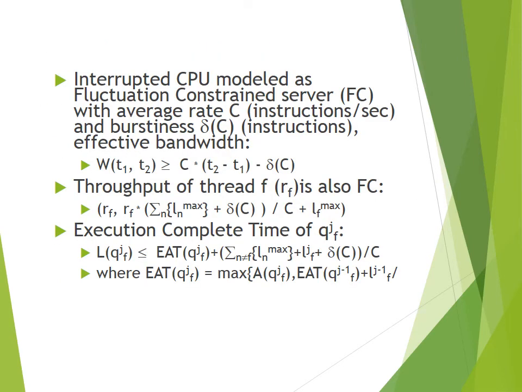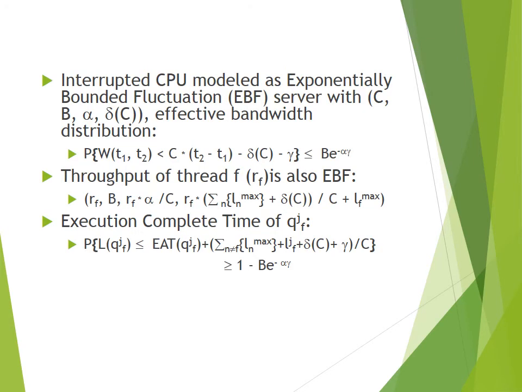It can be modeled as a fluctuation constrained server, and here are the bandwidth, throughput, and execution completion time of this model. It can also be modeled as an exponentially bounded fluctuation server, and here is its bandwidth, throughput, and execution completion time.